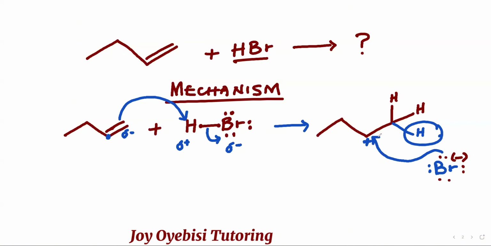And when it does that, the final product of this addition reaction would now be the bromine right here. Now, remember I said it's not necessary to write out the hydrogens. You could do that, but it's not really necessary because this is a line structure. So the final product will just be this. Okay?